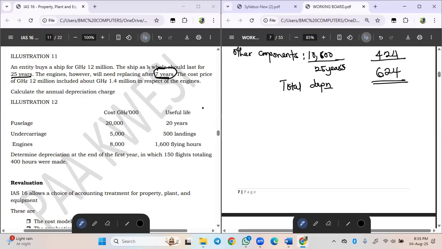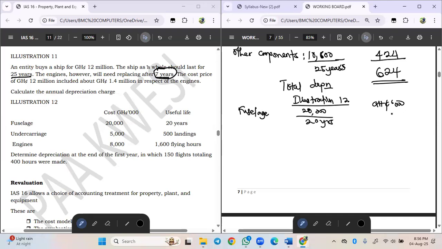So the depreciation for this one will be, so let me do it. It will be the depreciation. You want depreciation, okay? Cost 20,000 divided by the useful life, 20 years.